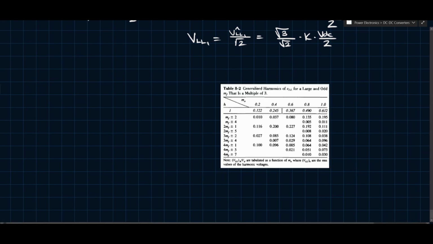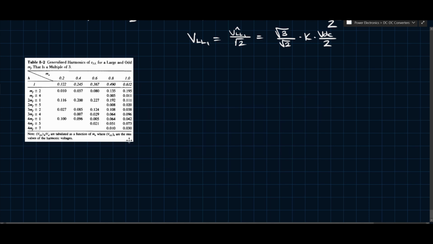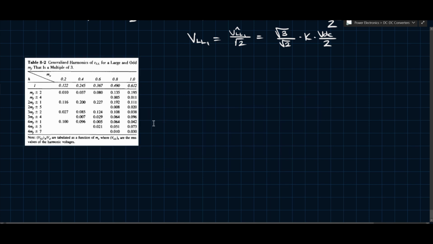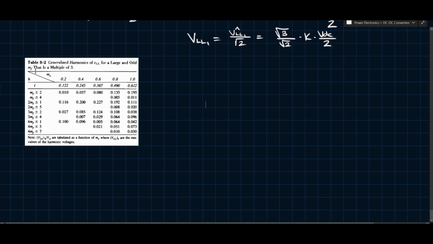And so here's the table of harmonics that we were just discussing. It's similar to the other one, but you'll notice you have a lot fewer harmonics, and this is because three-phase circuits, by virtue of the way that they are configured, eliminate a lot of the harmonics on their own inherently. You'll also notice that this is for a large and odd MF that is a multiple of 3.